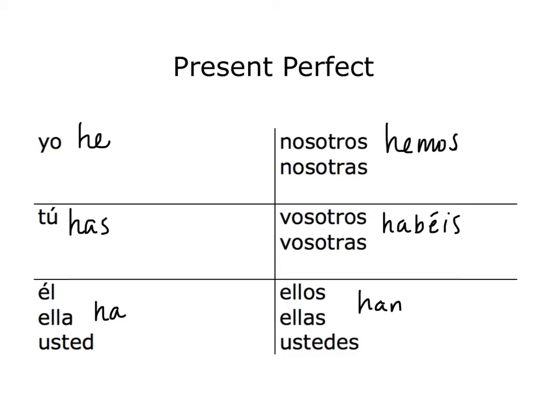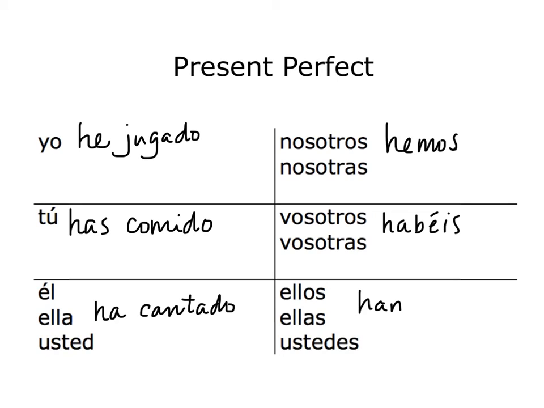Let's try the verb jugar. I have played. Yo he jugado. How about for comer? You have eaten. Tú has comido. How about cantar, to sing? He has sung. Él ha cantado. How about salir?